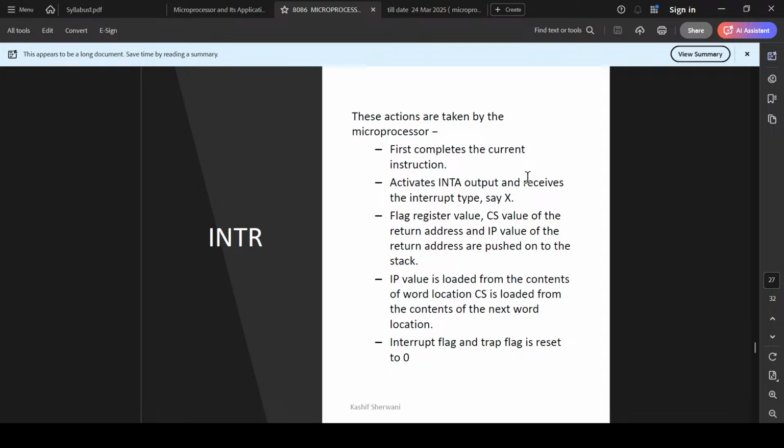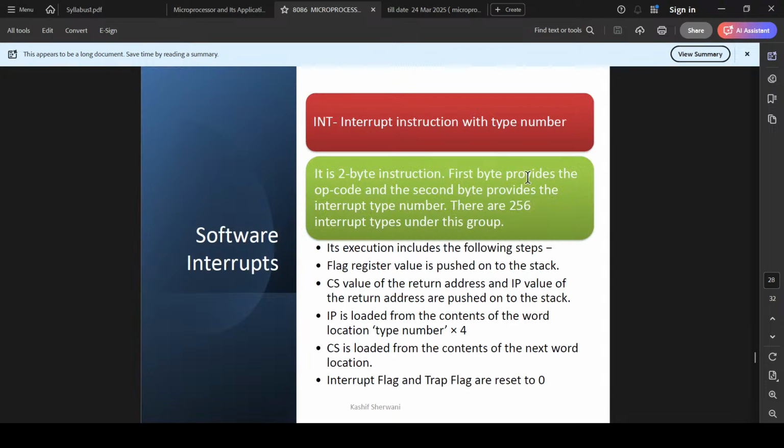Same thing. IP value is loaded from the contents of the word location, CS from the next word location. Interrupt flag and trap flag are 0. Similar.